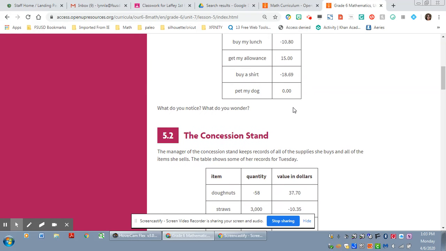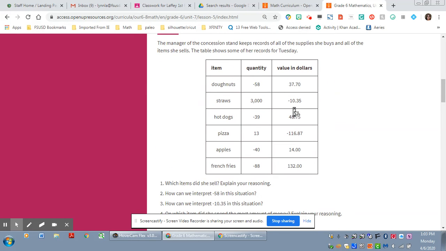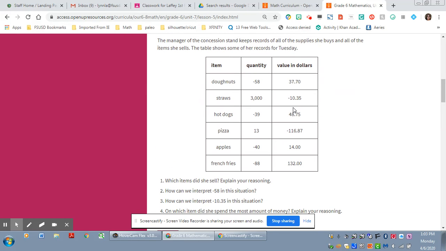So let's move on to number 2. The manager of the concession stand keeps records of all the supplies that she buys and all of the items she sells. The table shows some of her records for Tuesday. So which items did she sell? So she sold, there's a negative 58 here.